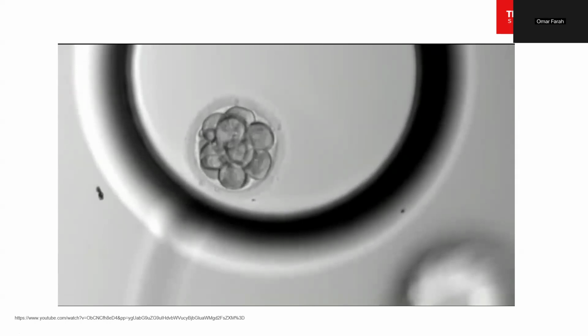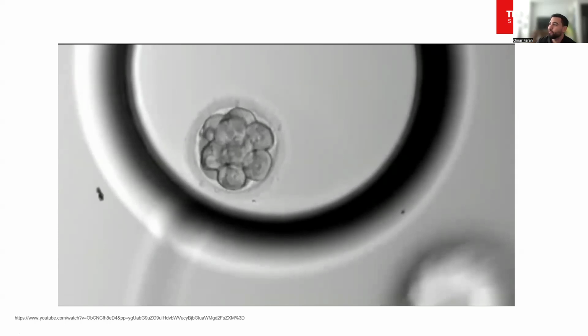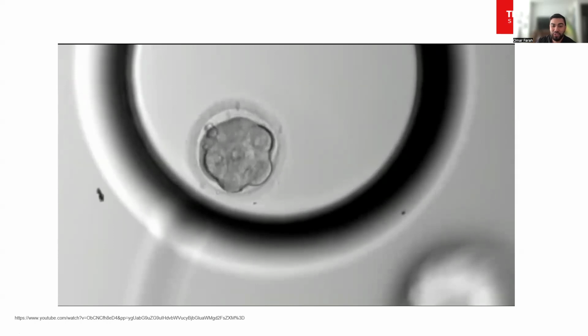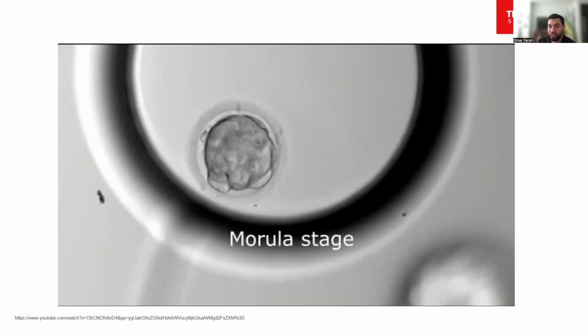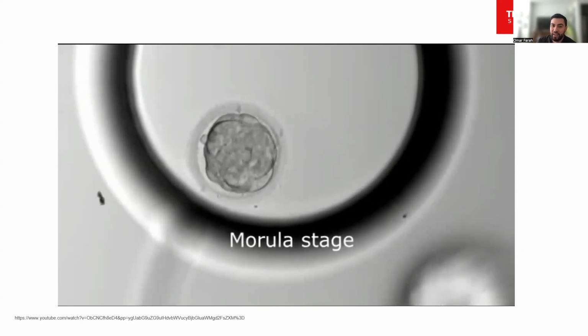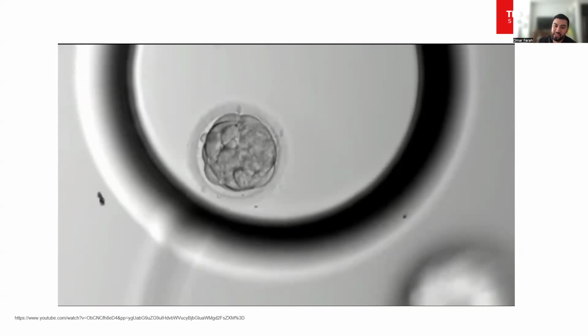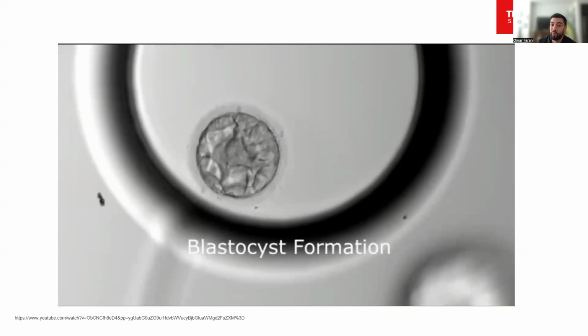And what I want you to pay close attention to, I think there's somebody on, if you could mute yourself, perfect. I want you to pay attention to is as these cells are dividing, they're changing in morphology. Right now at the morula stage, you're seeing the blastomeres compact, right? And eventually, as these cells continue to divide, their position within the embryo becomes very important.